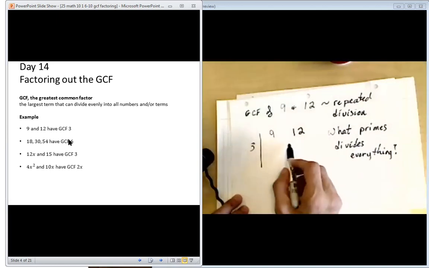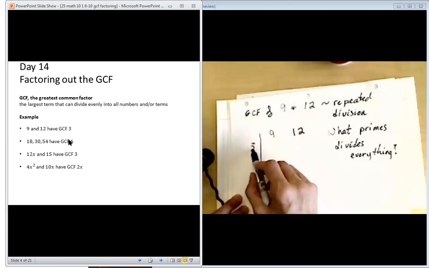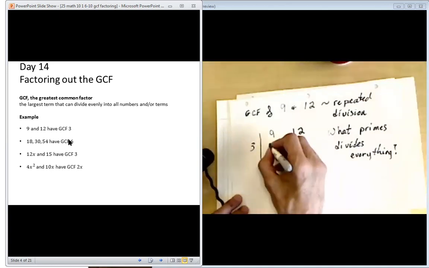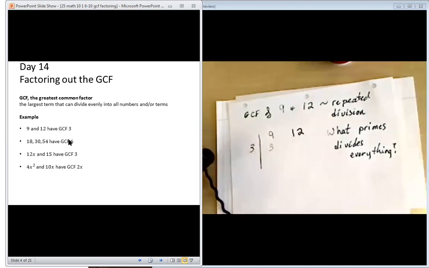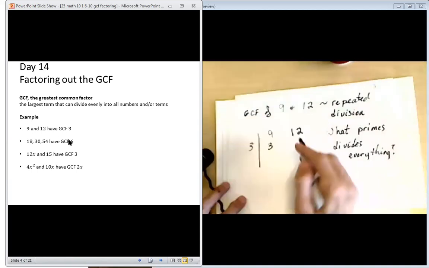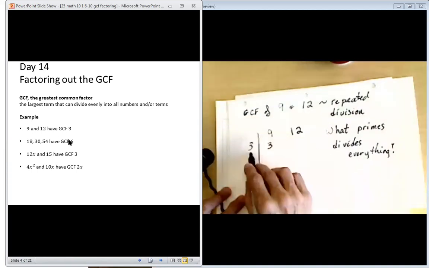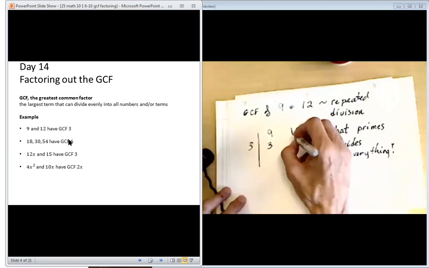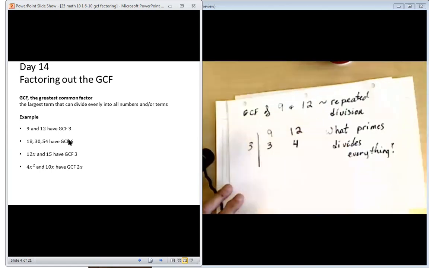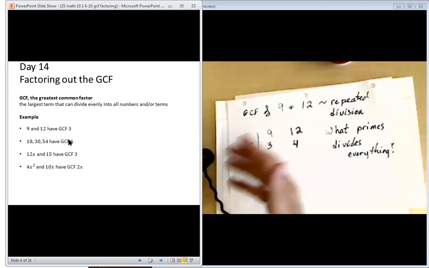So 9 divided by 3, what does that give you? You get 3 showing up there. A darker 3. 12 now divided by 3, what does that give you? 4 for sure.